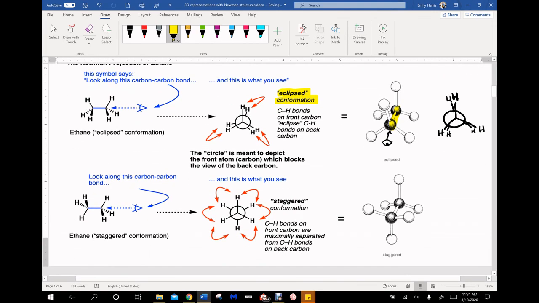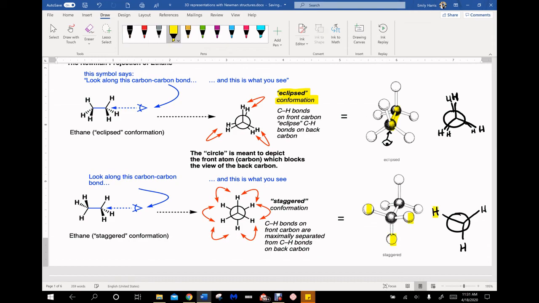Now, what if we take that front carbon and we rotate it so that the hydrogens are no longer eclipsed, but they're alternating? And so again, we'll represent that first carbon with a circle. And in this case, we have a hydrogen out to the side, a hydrogen out to the side, and a hydrogen down to the bottom.